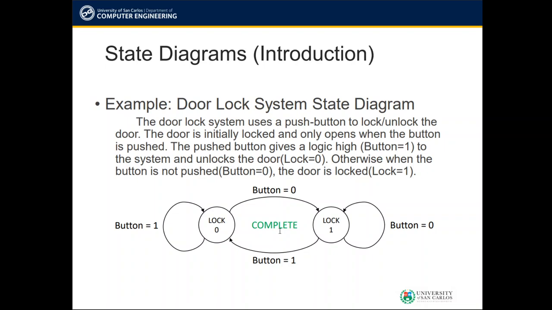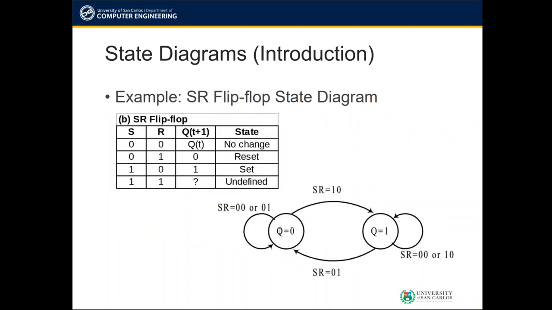So how do we apply this to your flip-flops? This is an example of the SR flip-flop state diagram. So we have here your truth table. There are only two scenarios of your output: when Q equals 0 or Q equals 1.